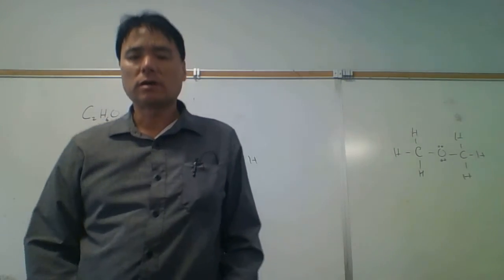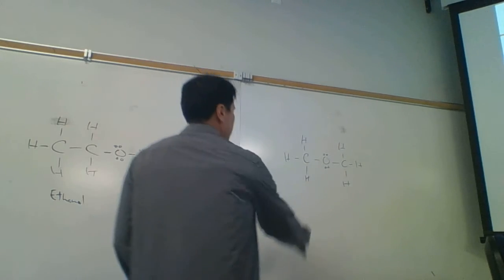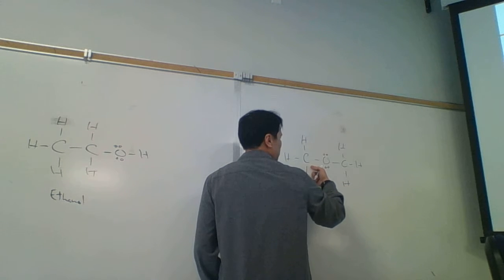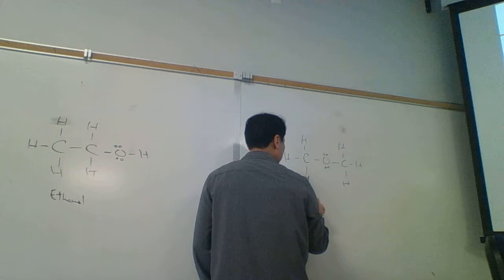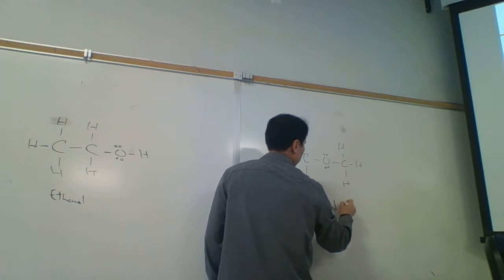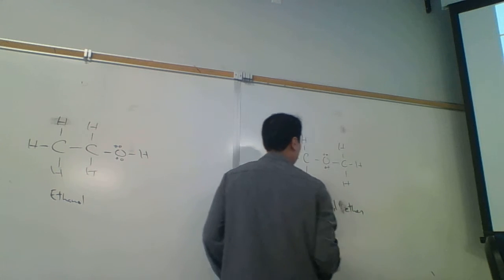CH3 itself is called methyl. So this is a methyl, this is a methyl. This C-O-C link is what we call an ether. And the name for this is dimethyl ether.